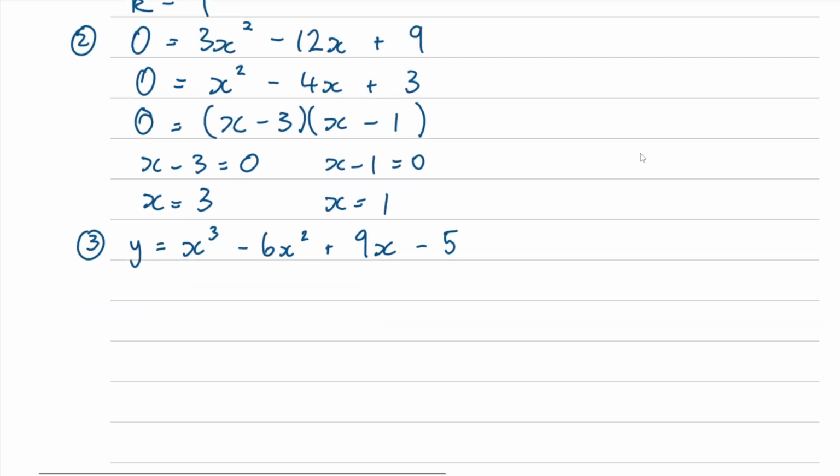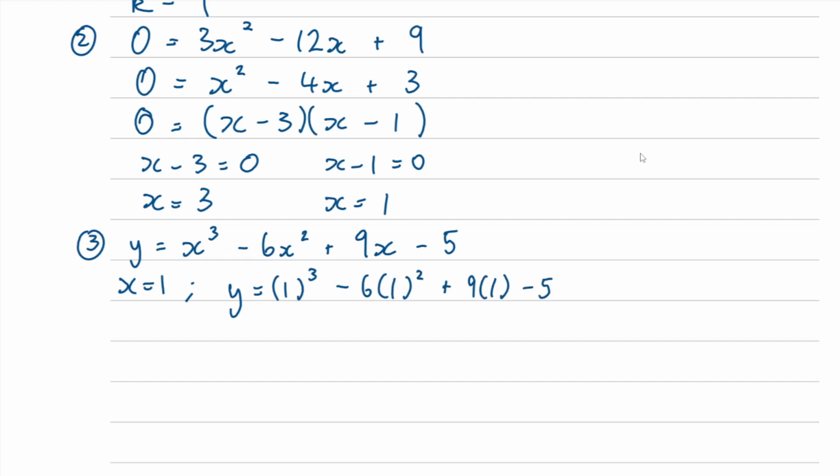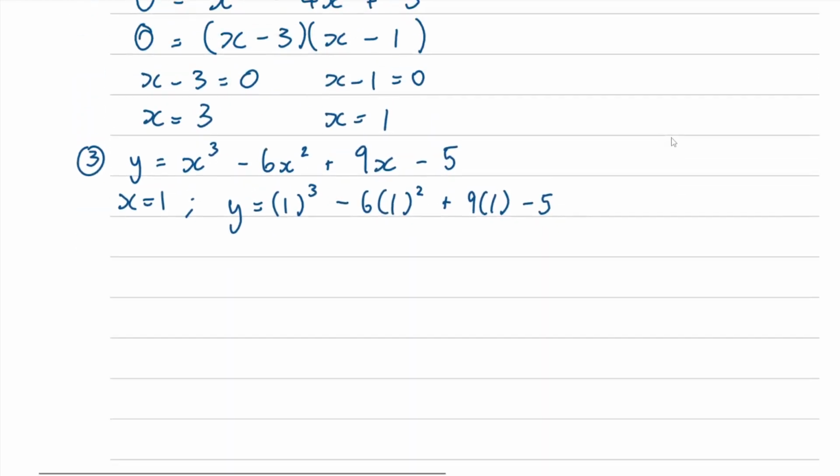Cool. So for x equals 1, y would equal 1 cubed minus 6 times 1 squared plus 9 times 1 minus 5. Which would be 1 minus 6 plus 9. Minus 5 plus 9 would be 4. Which gives us the point at x equals 1, y equals 4.